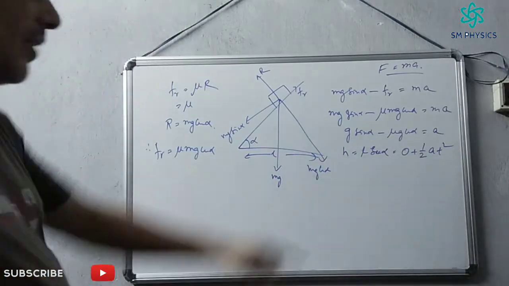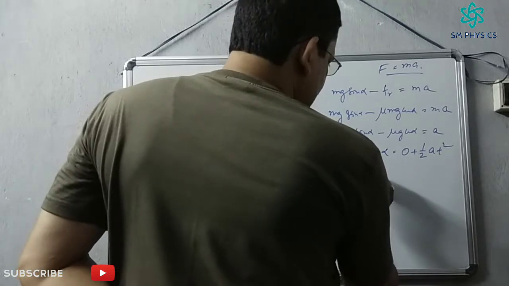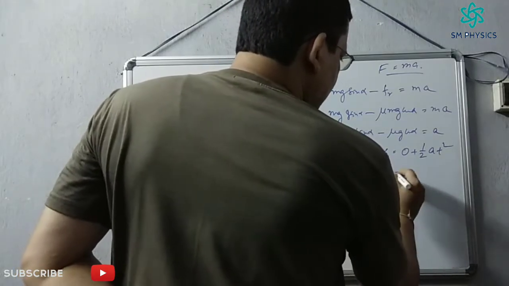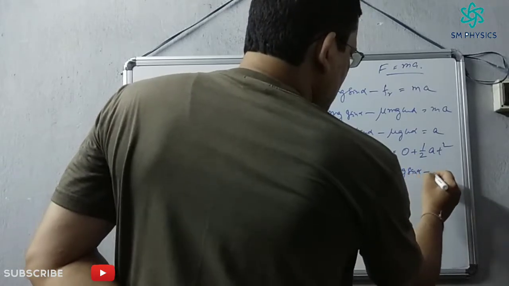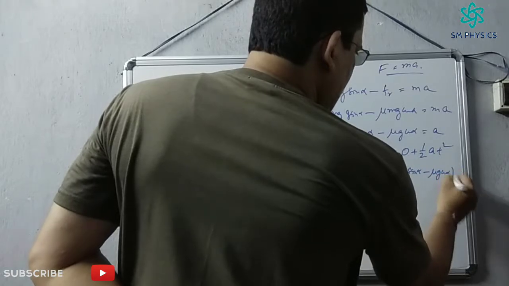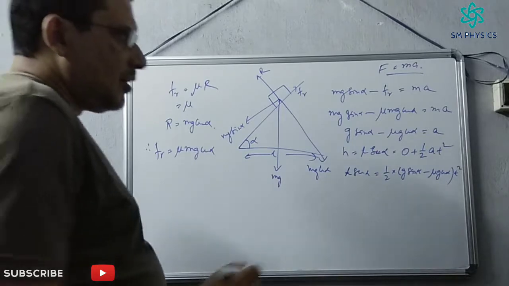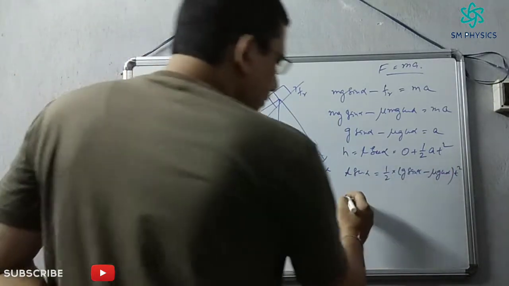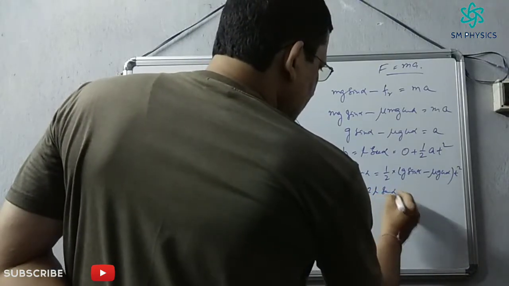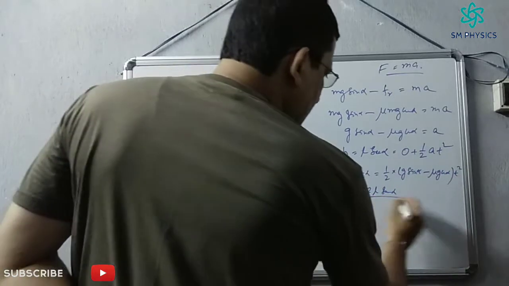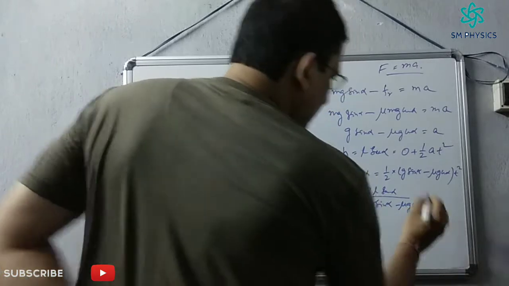Putting the value of a, L sec alpha equals half into g sin alpha minus mu g cos alpha, into t square. From this relation you find t: t equals 2L sec alpha divided by g sin alpha minus mu g cos alpha, under a root.